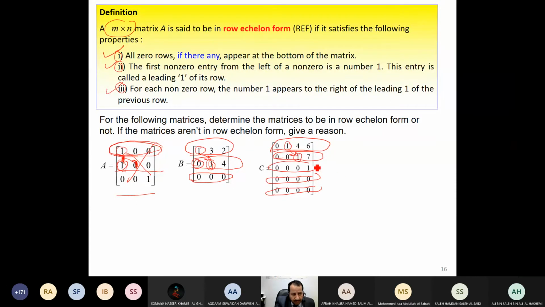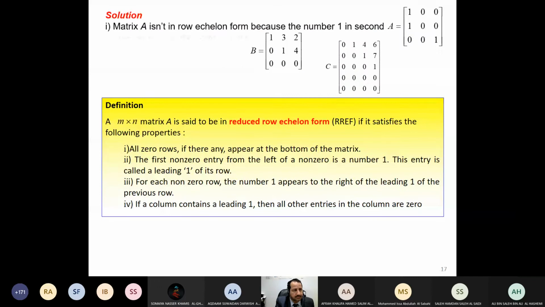The third row also one place behind, and so on. You need to go one step behind and start with 1, so you satisfy the third condition. As you can see here, this one has the problem. The second one is okay.